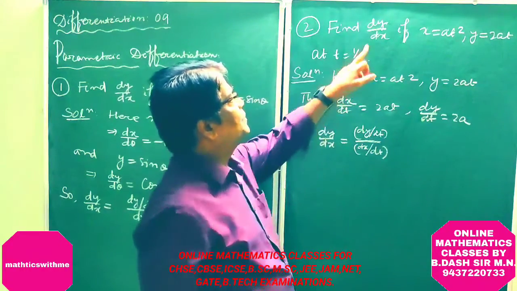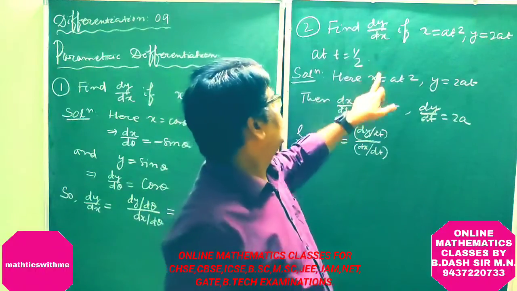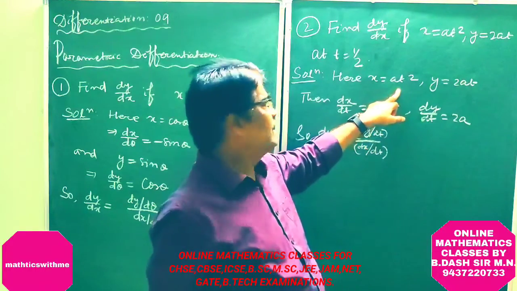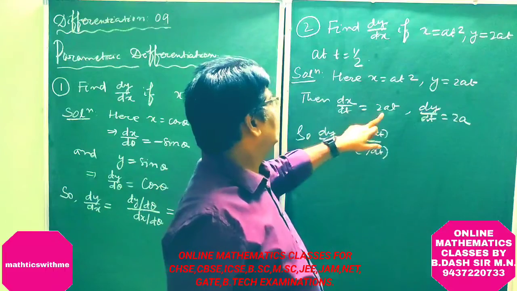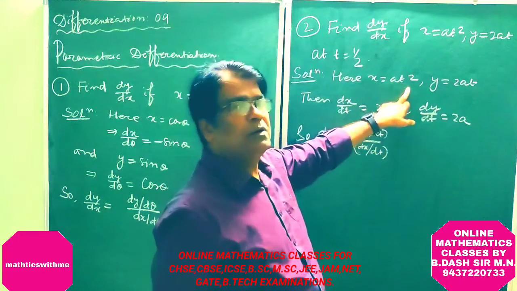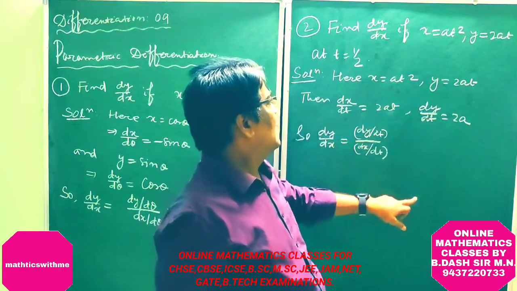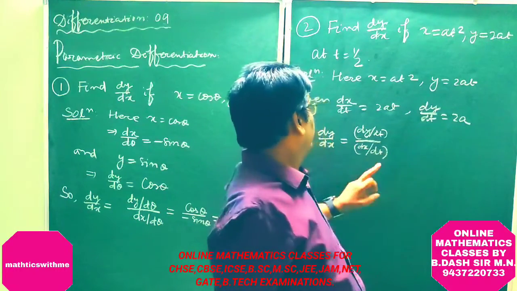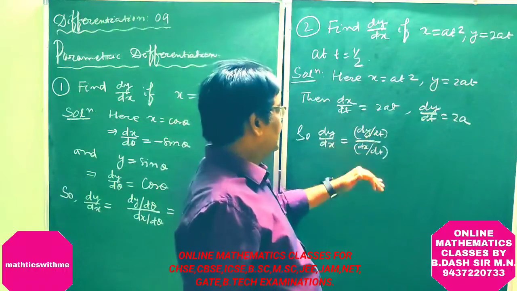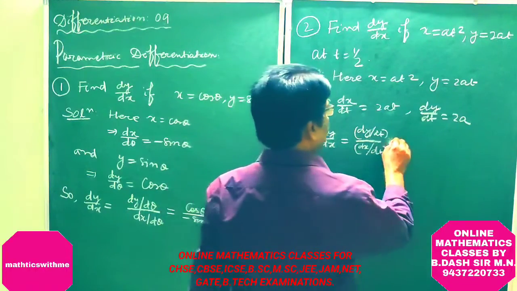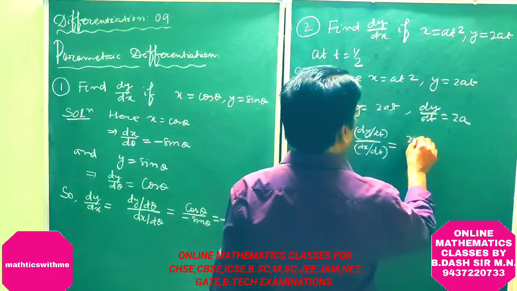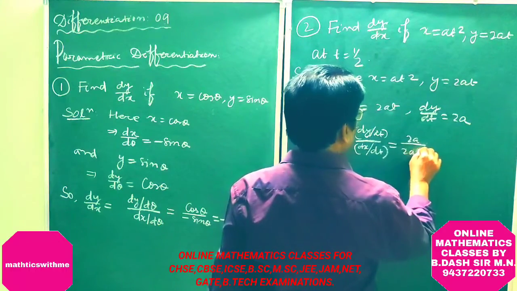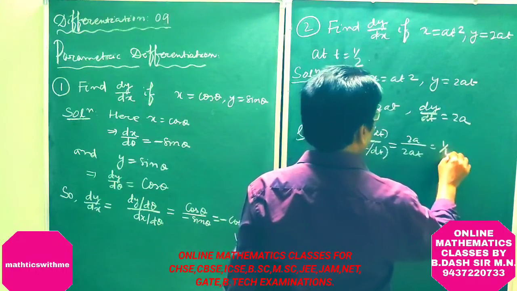So we have to find dy by dx. Here x is a function of t, therefore dx by dt is equal to 2at, because a is a constant and the derivative of t square is 2t. Now y is equal to 2at, then dy by dt is equal to 2a. So dy by dx is equal to dy by dt divided by dx by dt, which is equal to 2a by 2at, which is equal to 1 by t.